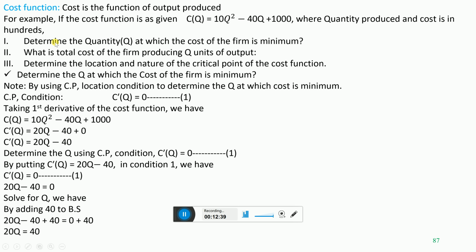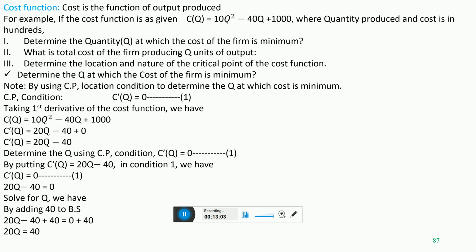So the cost function is given. The first part of the question is this: determine the quantity at which the cost of the company is minimum. When there is a minimum, we will recall the maxima and minima concept.